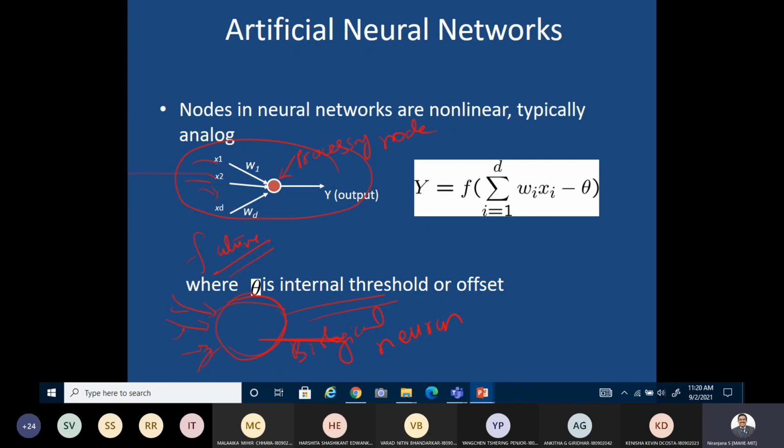Here you have some region of the cell. What is that called in a biological neuron? What is the cell region? It's a dendrite, pictorially. What is this region called?